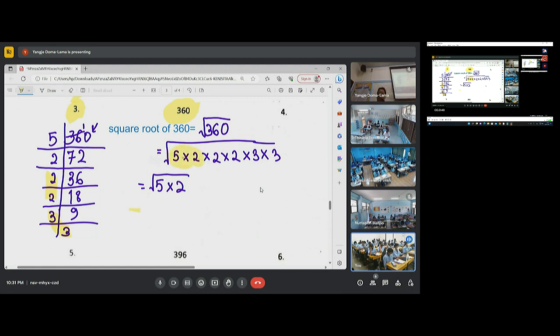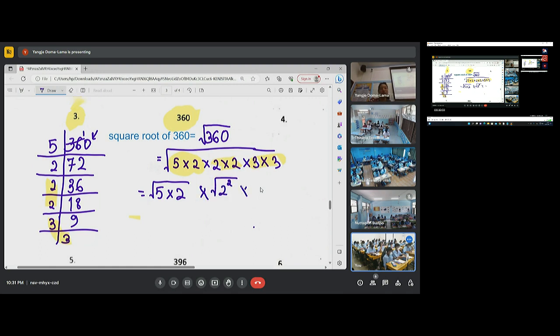No squares, right? But we have squares and squares. So we separate them as 2 square and 3 square. Do you understand this? Yes or no?